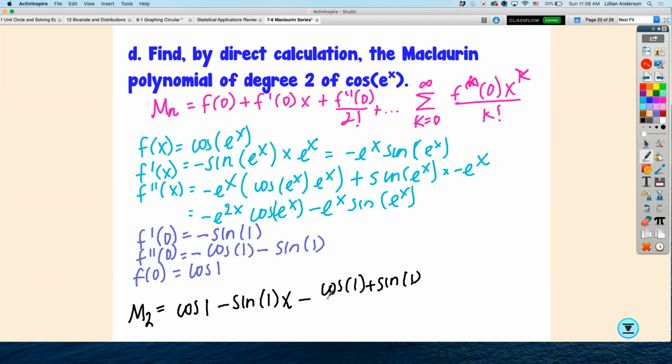Actually, it's going to be plus, we factor out that negative, all over 2 factorial with an x squared. Oops, I forgot it from the general formula. This is supposed to be an x squared because the power increases. And that is our second degree polynomial of cosine e to the x.